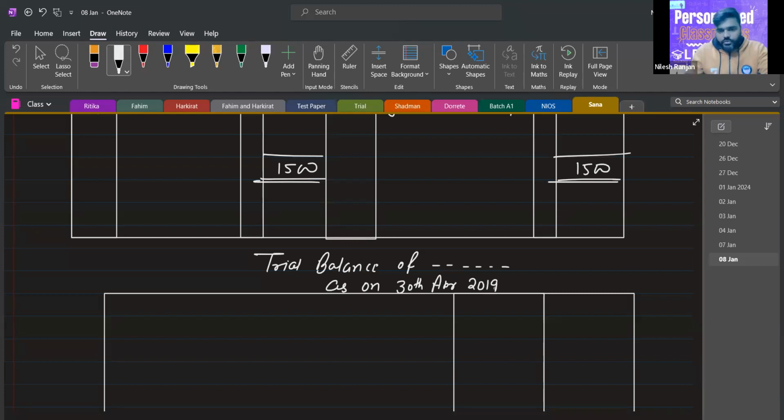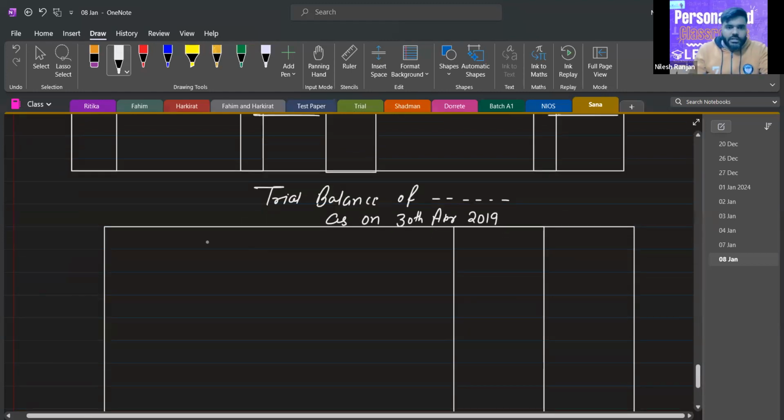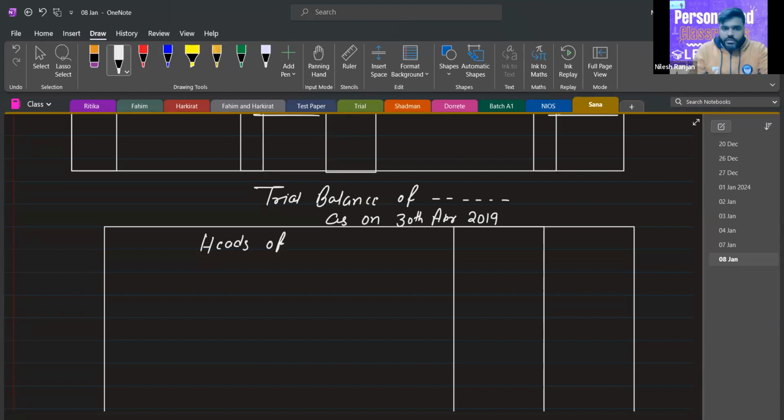So we are taking 30th April 2019. Now, the heading is heads of account, then the debit amount and then the credit amount.